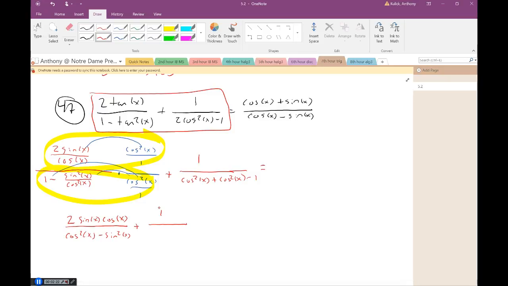With this other piece now, I'm going to observe that cosine squared minus 1, remember that we know that 1 minus cosine squared is equal to sine squared. So negative 1 plus cosine squared equals negative sine squared. Right? And that's what I have here.